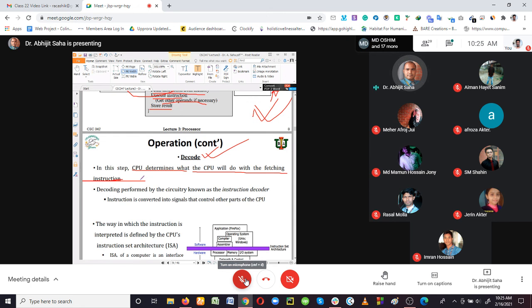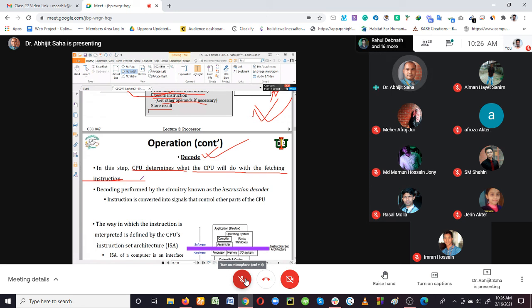If it gets a command like that, it understands that it has to do the addition operation, or apply the addition formula, to get the result: 3 plus 5 equals 8. That is the fact here. In the decode, the CPU determines what the CPU will do with the fetched instructions.